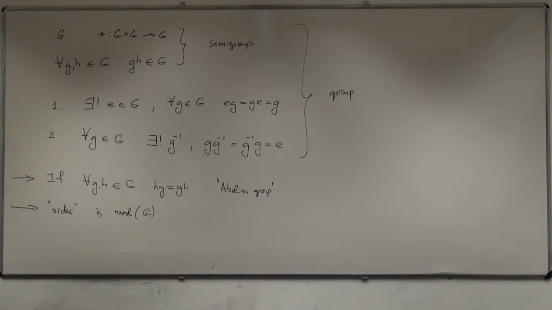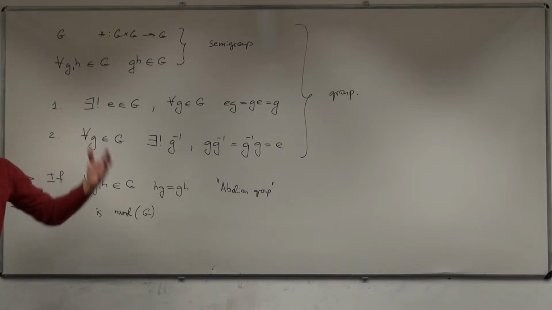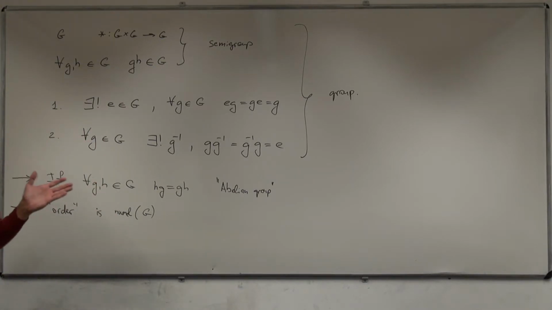Now, if we have a subset in G, which is itself a group, that is, it's closed under this multiplication, it contains the unit operator, and it contains the inverse of every element that it contains, then it's called a subgroup. A subgroup can just be a unit element in the most simple case, or it could be the entire group, or it could be something in the middle.